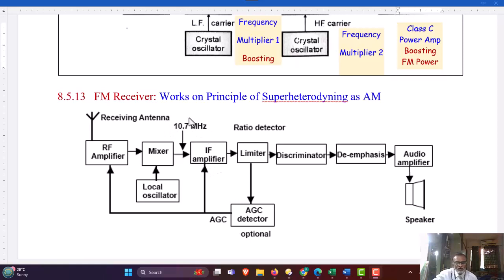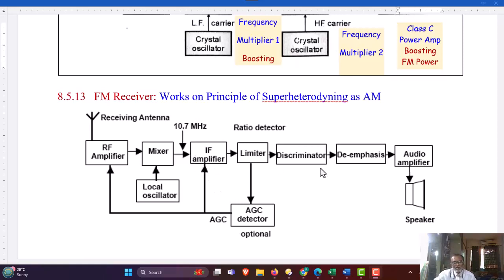Most practical FM radio receivers use an intermediate frequency of 10.7 megahertz, irrespective of the station received. For a different FM station, we tune the receiver by changing the local oscillator frequency according to the carrier frequency of that FM station, whereas the mixer output will always be centered around the intermediate frequency.